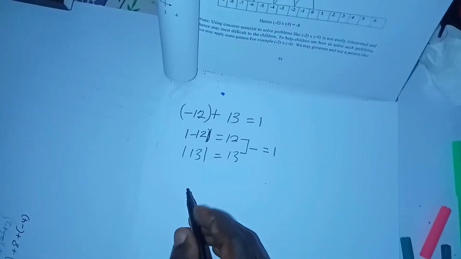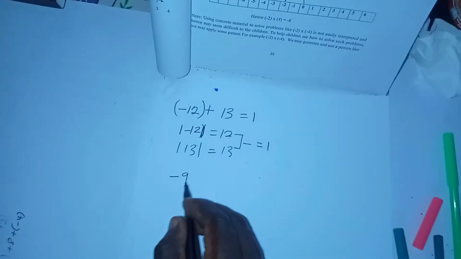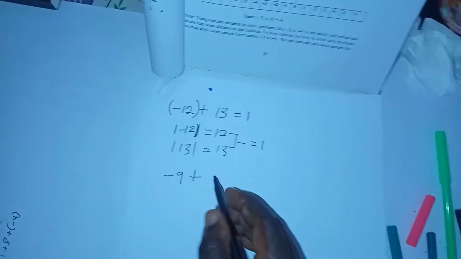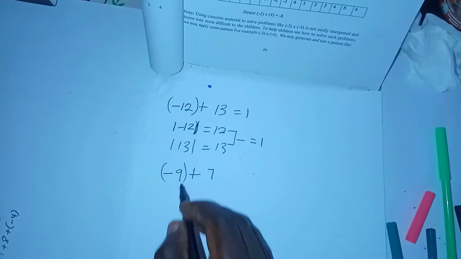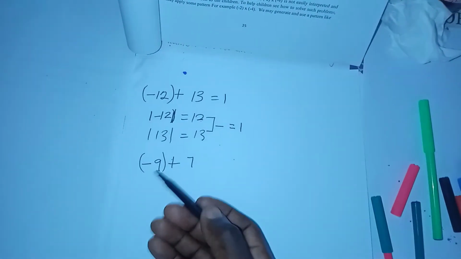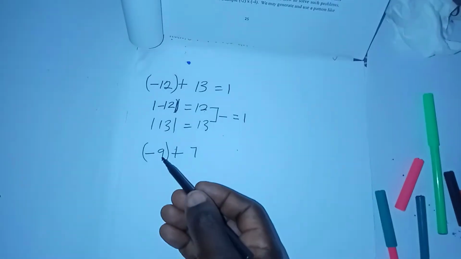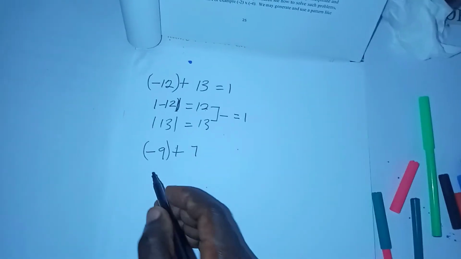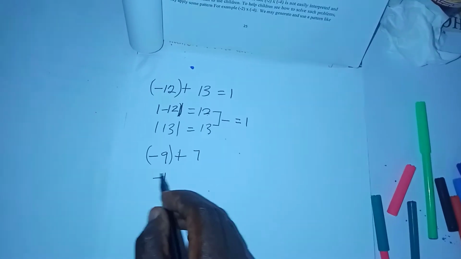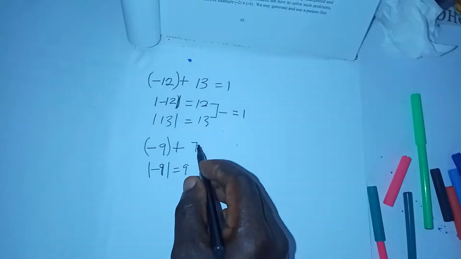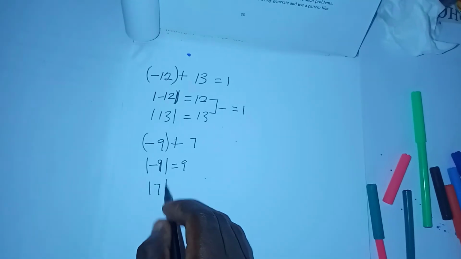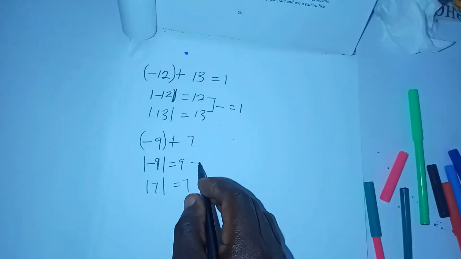So if I have negative 9 plus 7, negative 9 gives us positive 9 if you find the absolute value. In this case, we have positive 7 if you find the absolute value.